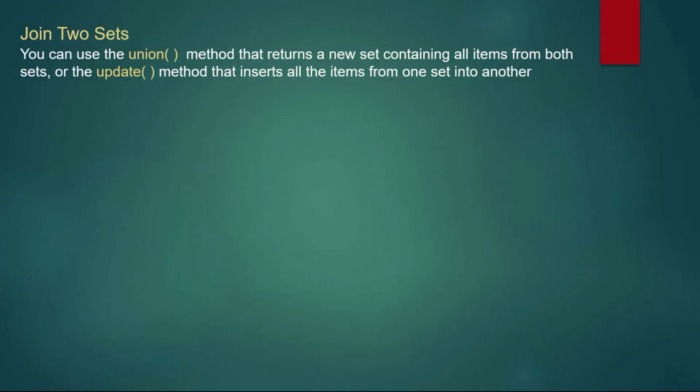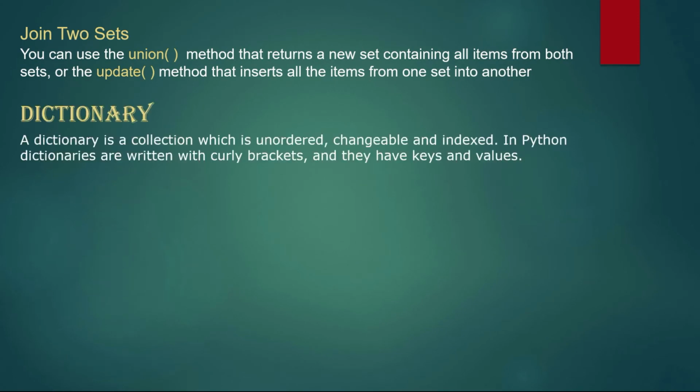And the next one is dictionary. What is a dictionary? A dictionary is a collection which is unordered, changeable and indexed. In Python, dictionaries are written with curly brackets, as with sets, and they have keys and values like this.